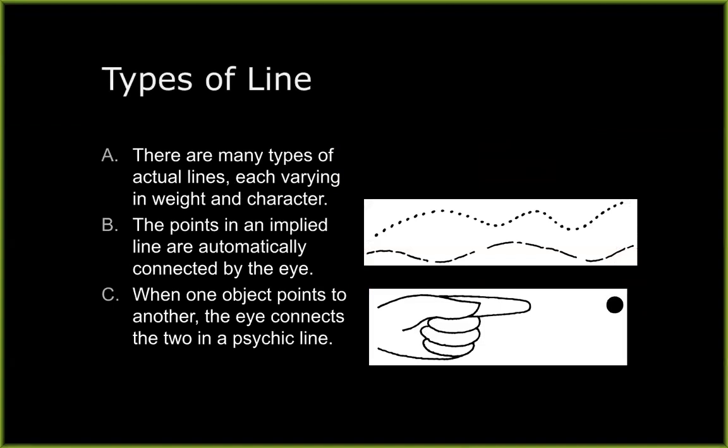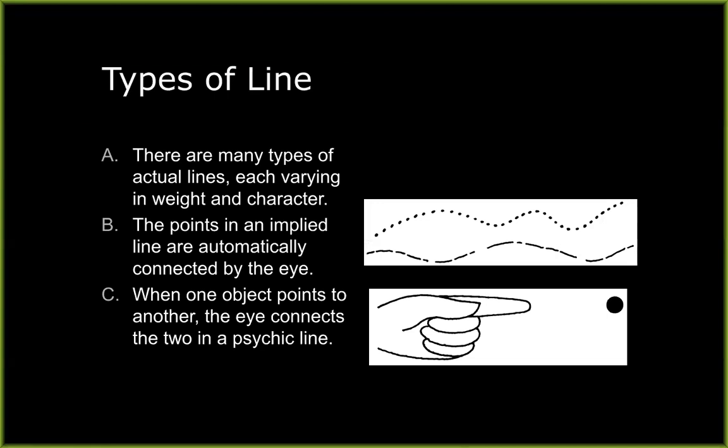Some of the ways that you can create line, you can dot them, break them up, do combinations of weight and all sorts of things. If you just do a series of dots, we as humans tend to interpret that as a line. Our eyes will follow the dots and it becomes an implied line.